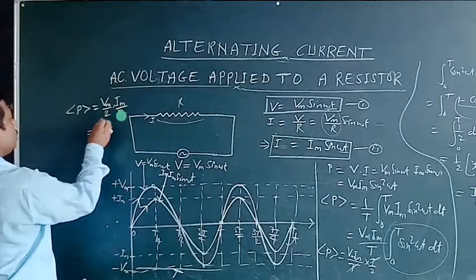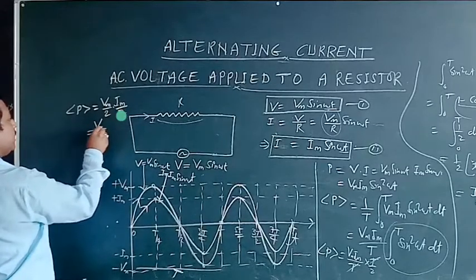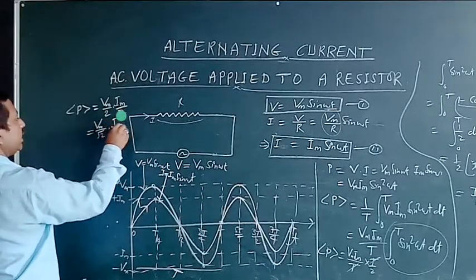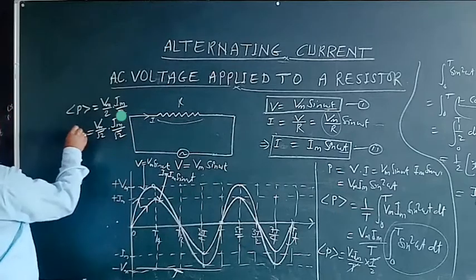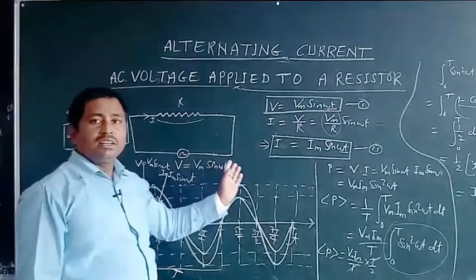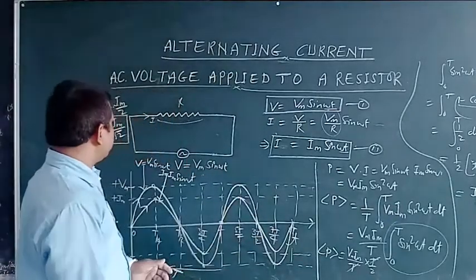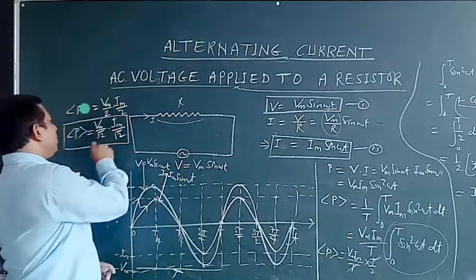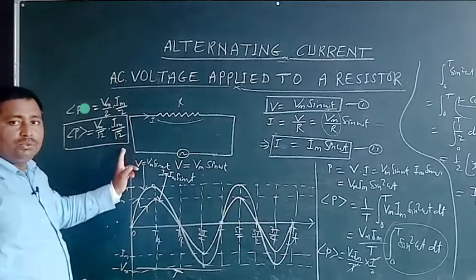So this is equal to Vm by root 2 dot Im by root 2. So the average power dissipated in the resistor connected to an AC voltage source is Vm by root 2 dot Im by root 2.